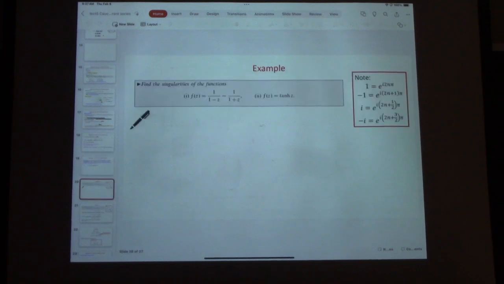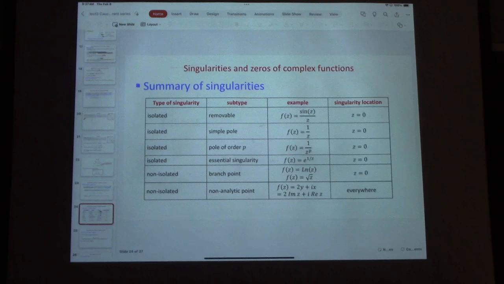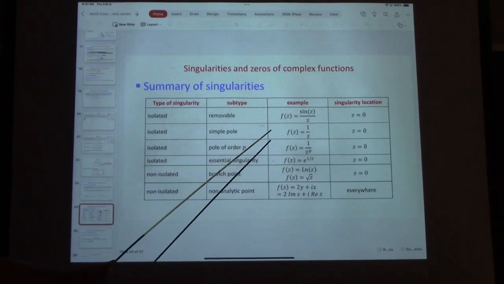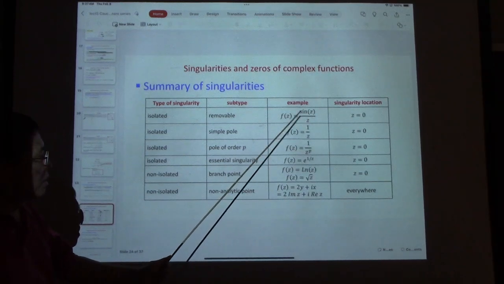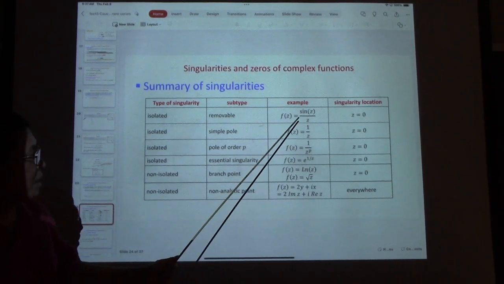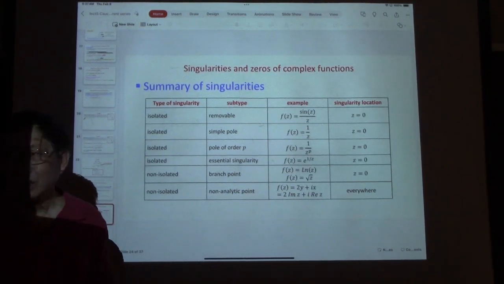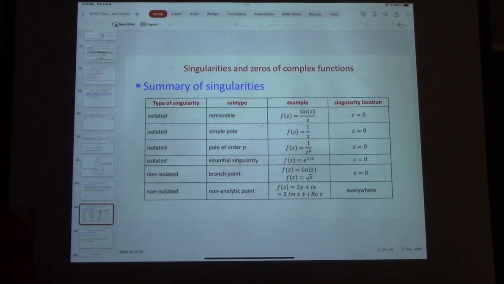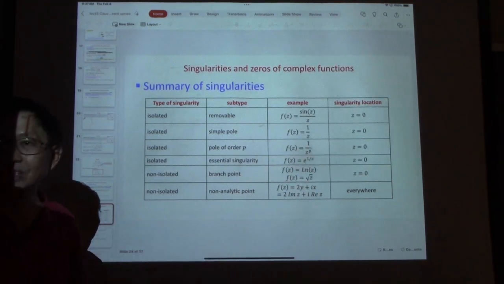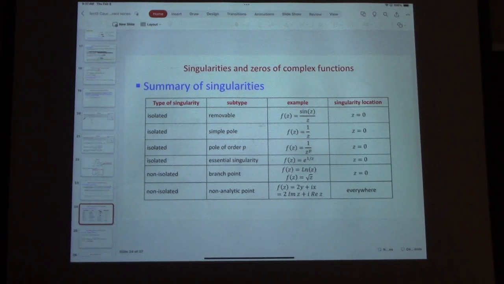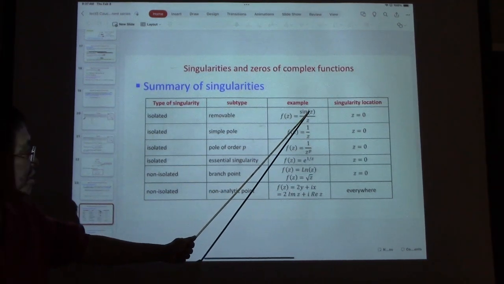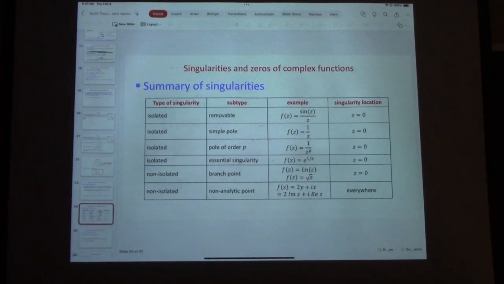Okay. We went through the example. This is the summary table. Right? This is called removable because this function is analytic everywhere except for the point z equal to 0. However, this function, when z approaches 0, has a well-defined limit, which is 1.